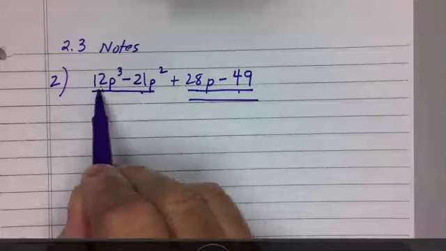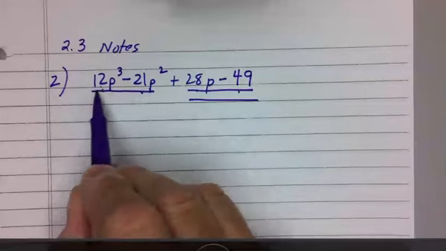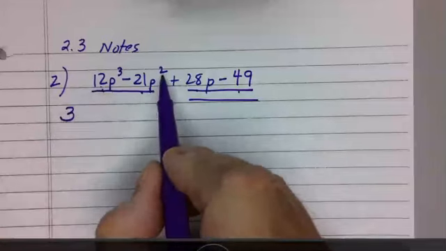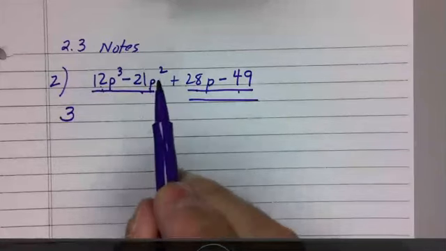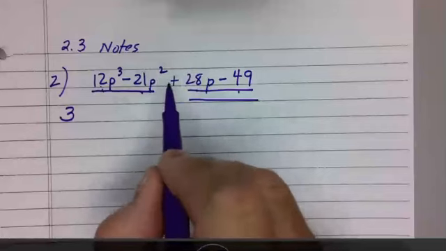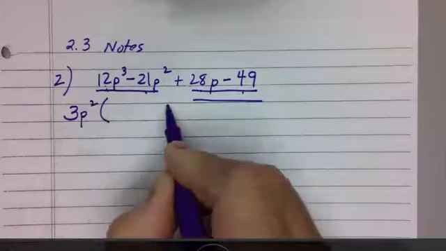Then the next one for 12 is 4. Does 4 go into 21? No. Does 3 go into 21? Yes. So it's 3. And then what about p squared and p cubed? Which one would I tell you to use? Always use the squared, the lowest power. Agreed? Okay, so now what do we get inside the parentheses?